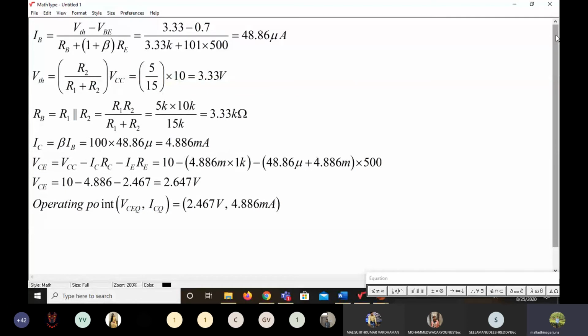This is the solution for this problem. So like this we can calculate the operating point.